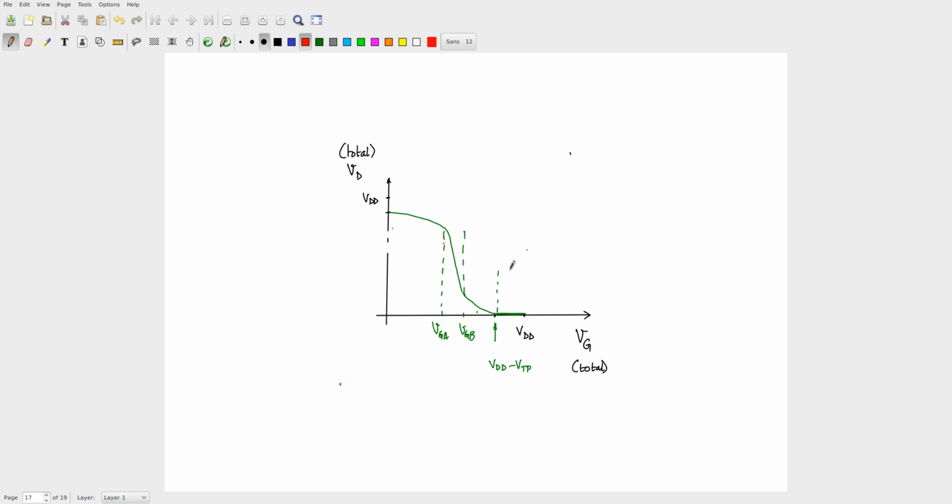How do you think it will change? So it will look something like this, right? I am drawing it very crudely, but you get the idea, right? So this is with Rp, Rn being infinite. So you will get a higher gain.